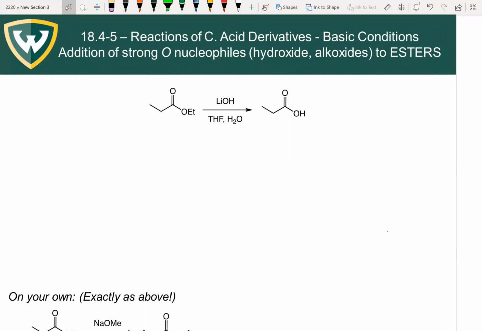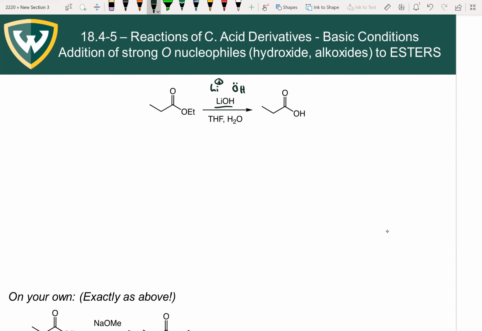All right, so in our final example, we're going to do the base-mediated hydrolysis of an ester. In this case, we have lithium hydroxide instead of the weak nucleophile of water earlier, or methanol. So this is an anion. We think about it as this lithium plus and this OH minus.